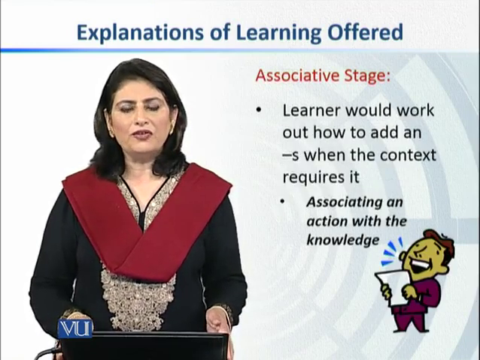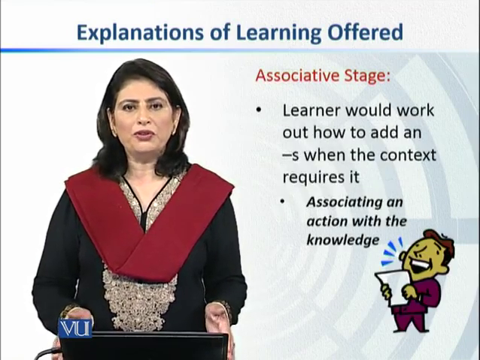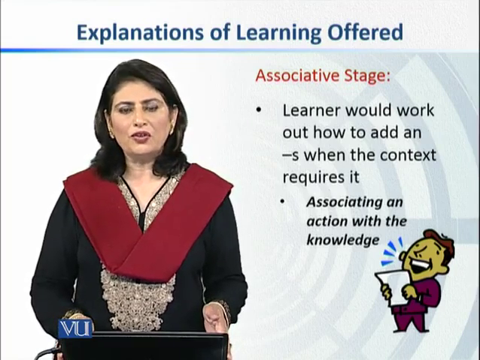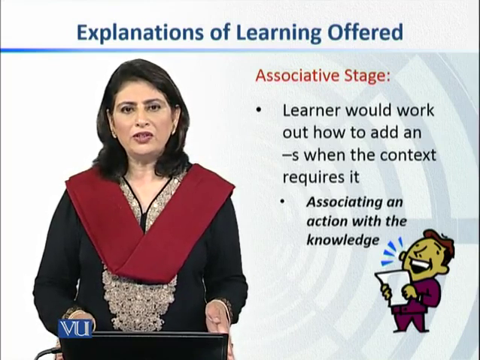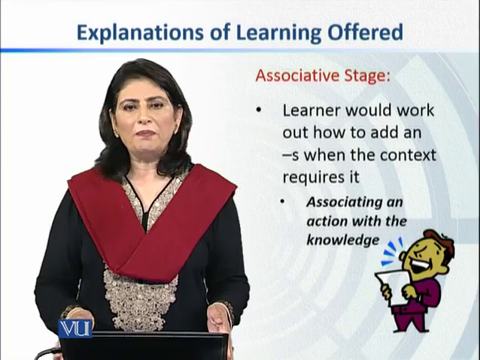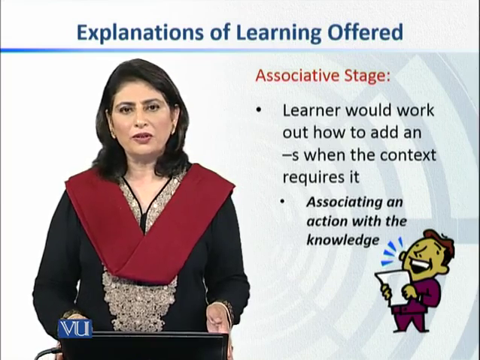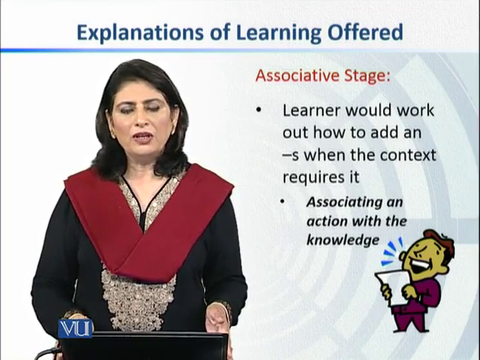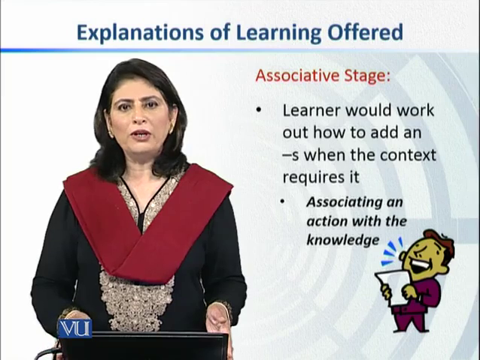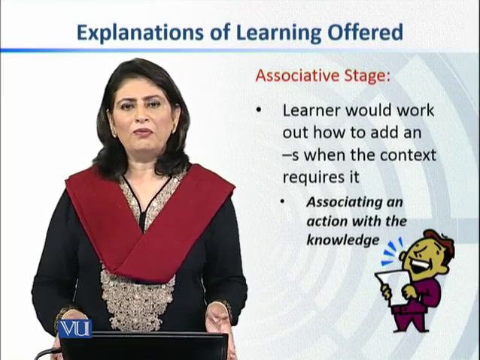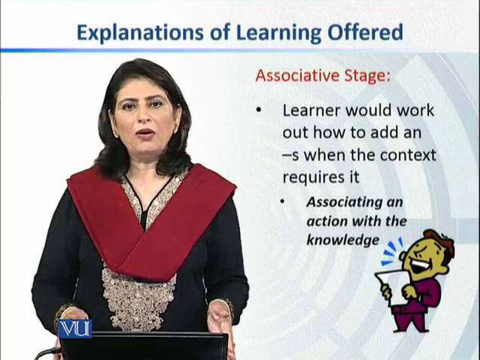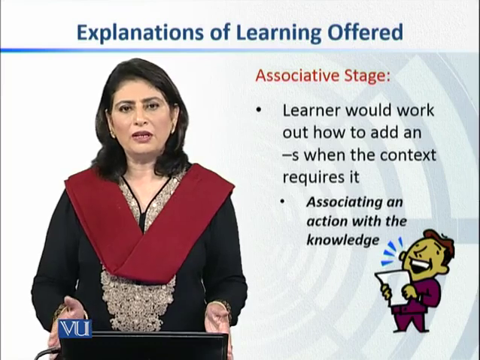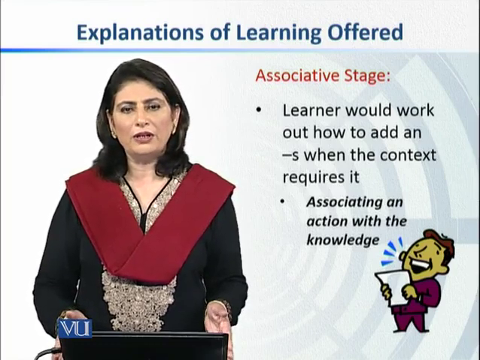The second stage in Anderson's model, if you would remember, was the associative stage. Now this is the stage when the child who has learned the rules now tries to apply it to real life situations, and when he or she is using second language, they use the plural form of verb with a third person, or they try to apply this rule of changing singular to plural by using S or ES.